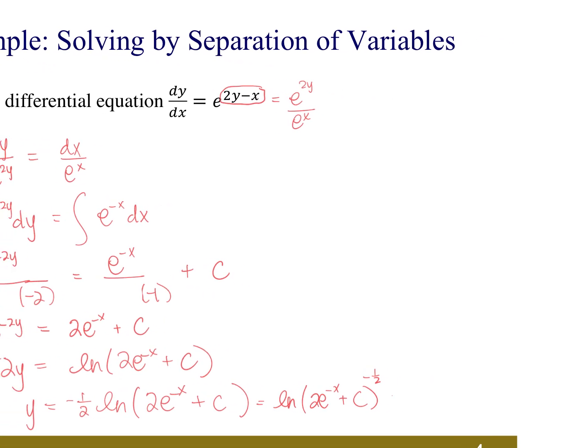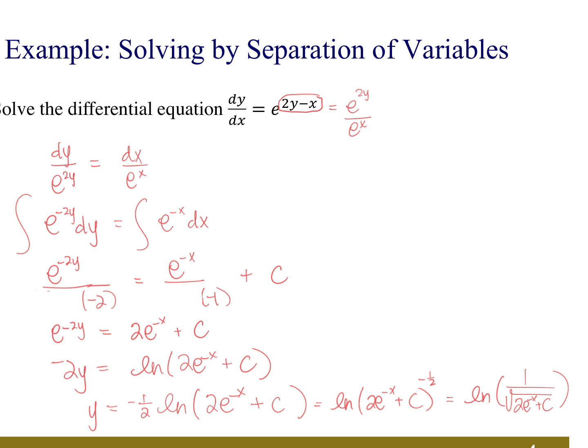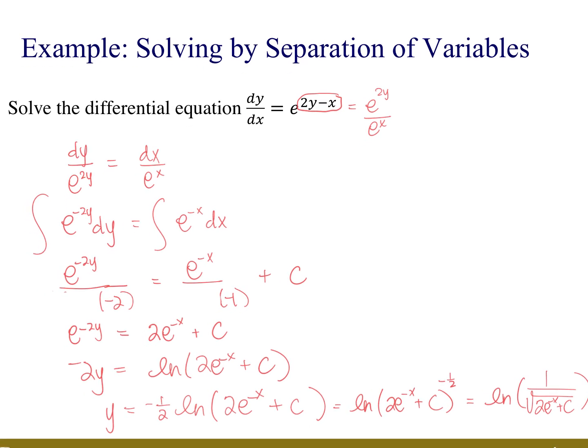So you could say it's the natural log of 1 over the square root of 2e to the negative x plus c. I know there's a variety of ways you could put that answer. I feel like the first way is probably the cleanest, but who knows how they're going to want to express that. So be flexible when you're looking at the answers, the solutions to this one.